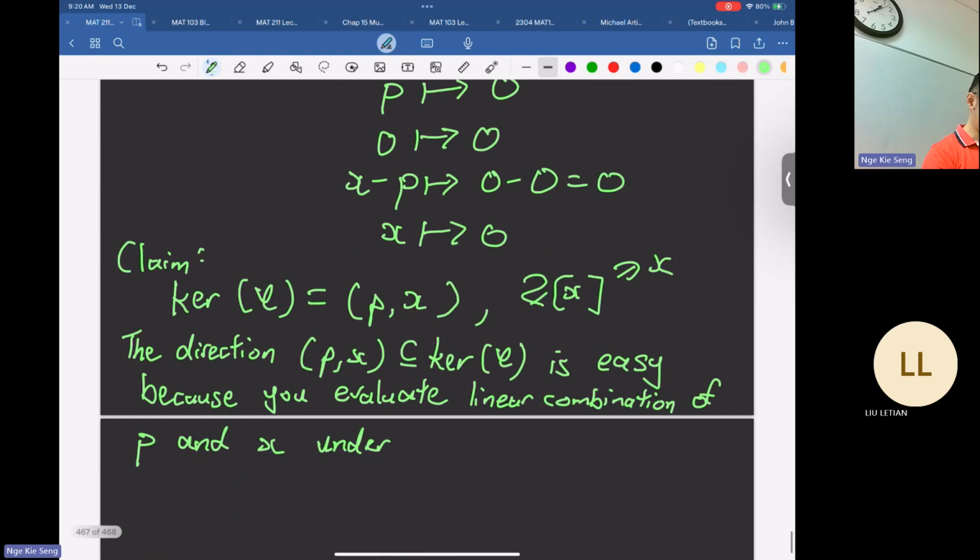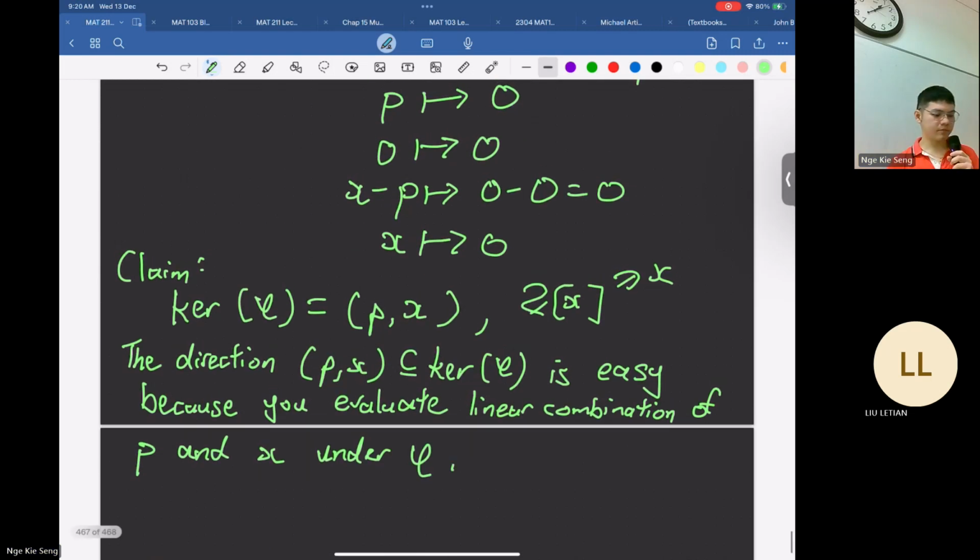What did I write for phi? Does this sentence make sense to you? And how about the other direction? For that direction you also need to use the division remainder, for example.